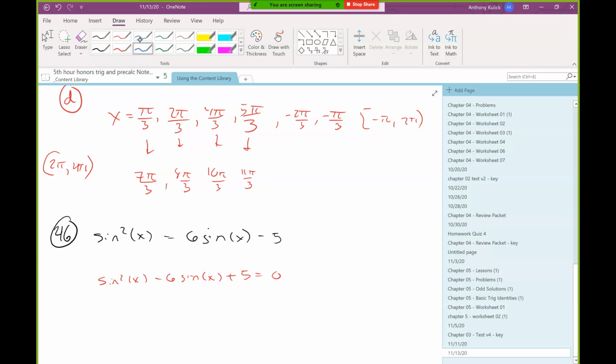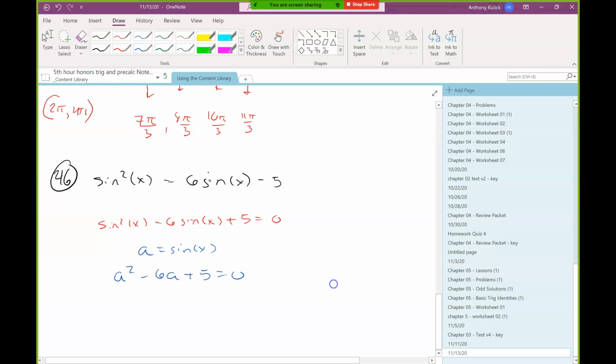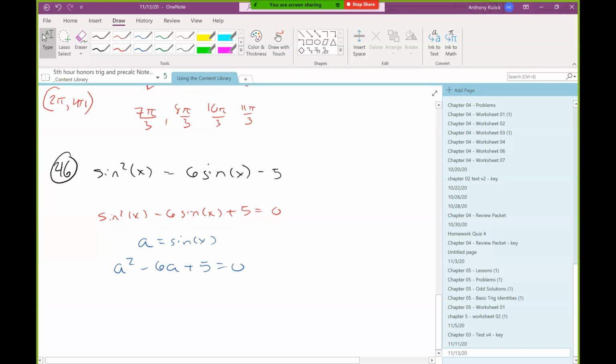And then I notice this looks, as we mentioned before, a little quadratic. To really point that out, I'm going to do a little substitution here and replace my sines with a's, just so it's really obvious that this is quadratic. Everybody okay with that?